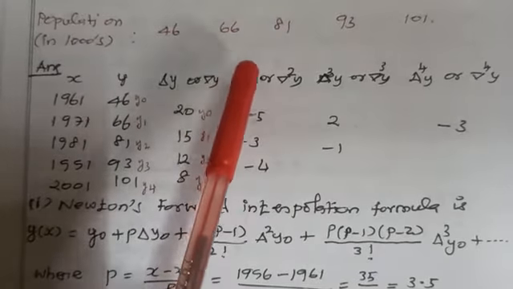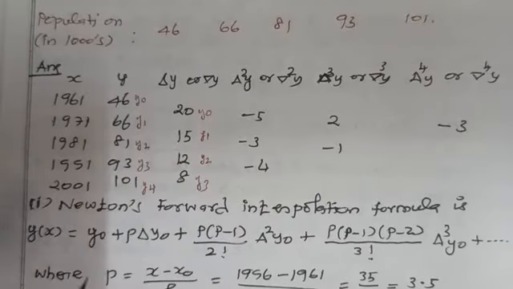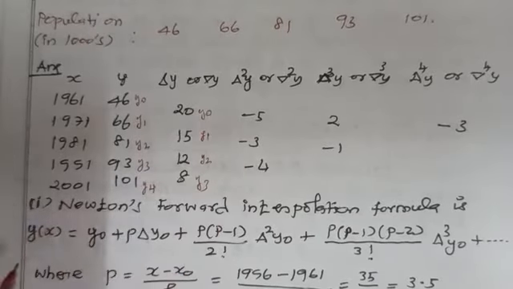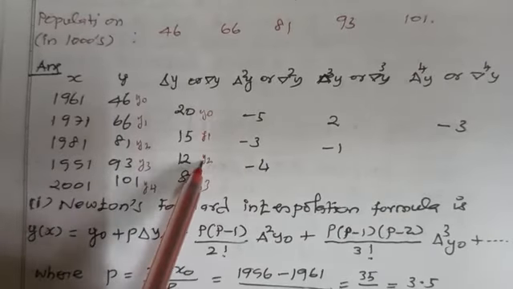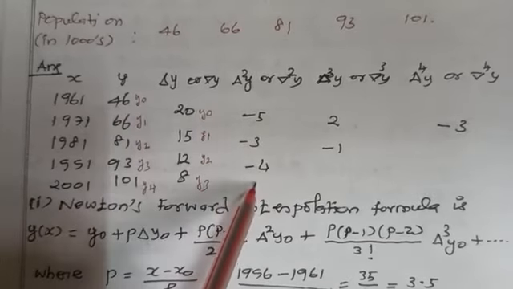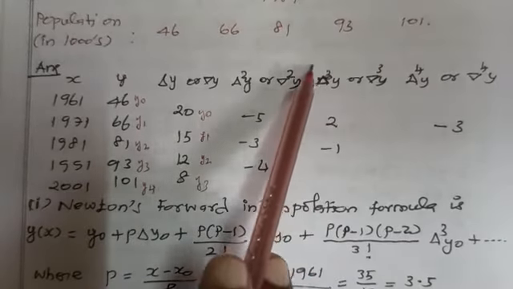Next, 12 minus 15, the difference is minus 3. Next, 8 minus 12, the difference is minus 4.